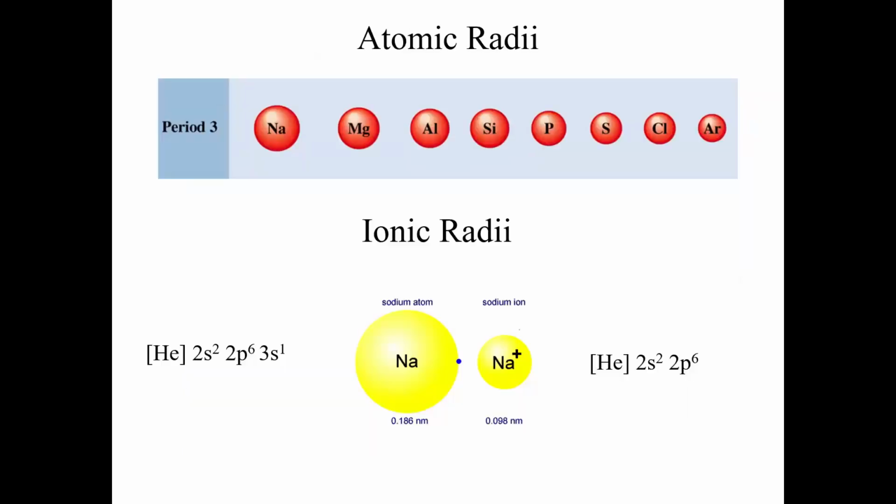What about ionic radius? Okay, so we haven't really talked about ionic and covalent bonding in any great detail. But what happens here is if you look at the electronic configuration of sodium, right, that we just did in the last lecture, 1s2, 2s2, 2p6, 3s1. This is the valence electron. It's in the outermost shell, okay?